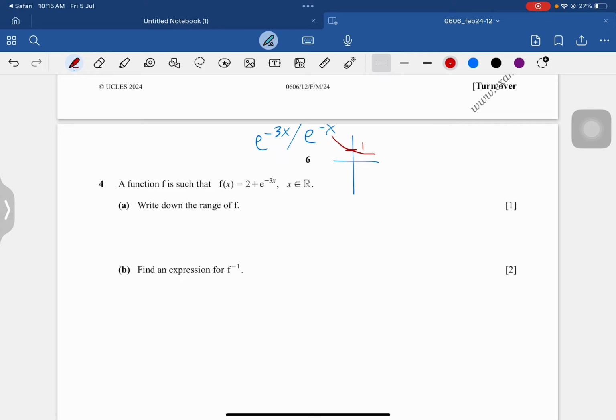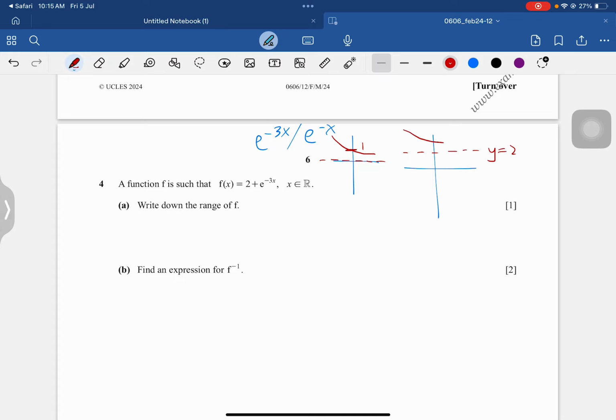Now, e to the minus 3x plus 2. Shift the graph up. Oh, I actually have to share with you the asymptote first. The asymptote is going to be here. Now, plus 2, your asymptote also shifts up by 2. y equals to 2.